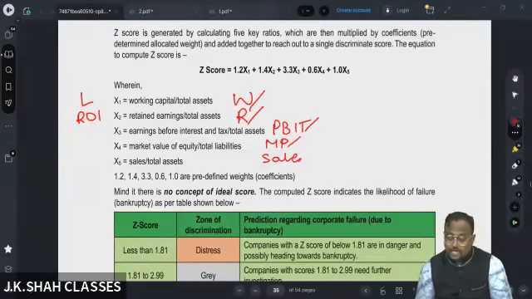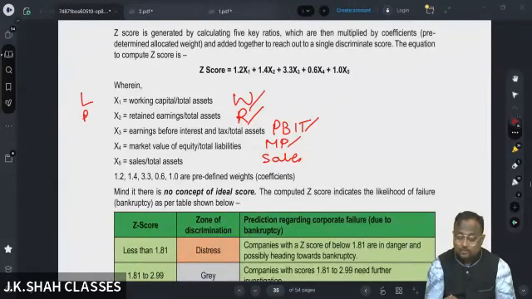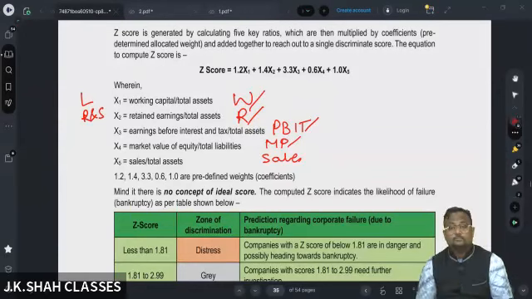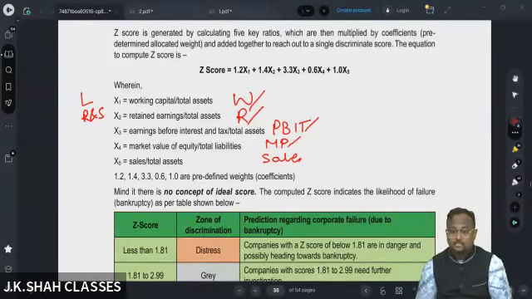Earning before interest upon total assets, it's like ROI. Retained earnings means your reserve and surplus, the current existing profit the company has.